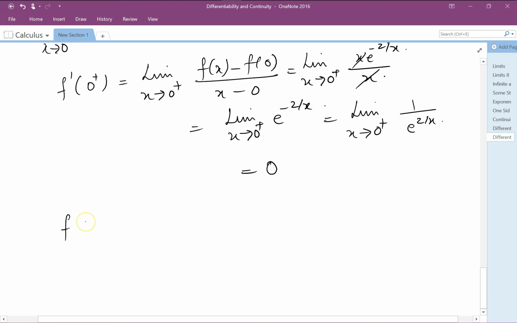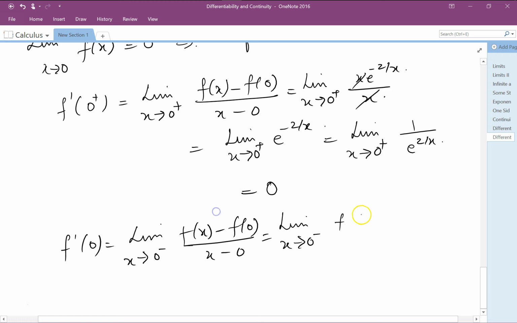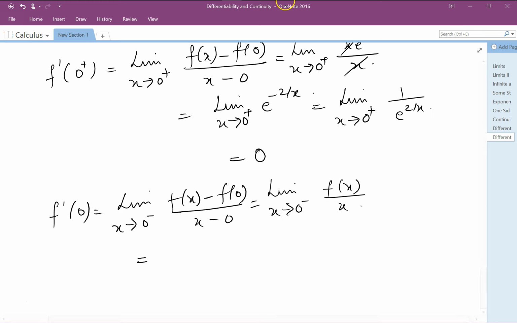Now let's look at it from the other side. Limit as x approaches 0 from the negative side. What will happen? Again, f of 0 is 0. So f of x by x, when it is negative, it is x.